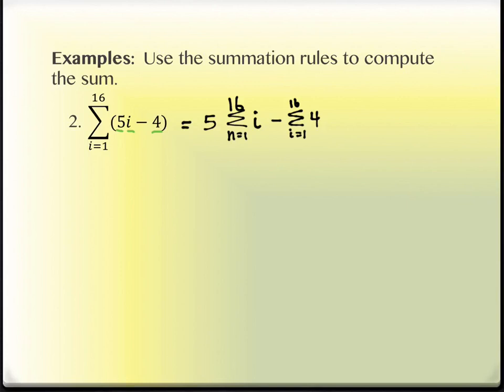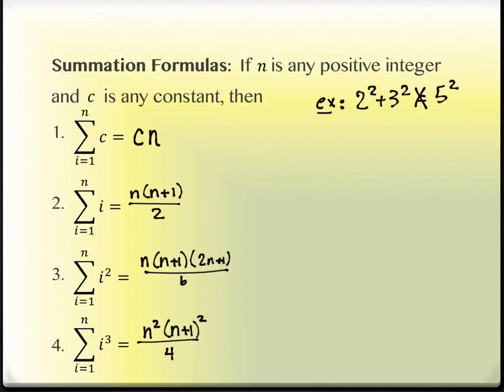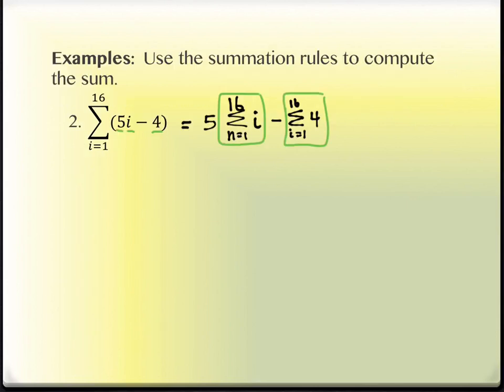So why do they need to look like this? Well, they need to look like this because this and this are what I'm able to use these formulas with. If I have the 5 in there, I don't have a formula that actually allows me to use it that way. And you want to be careful or you might misuse the formula because you're not interpreting it quite correctly. So once they're in this form, we can use those formulas. This one says that I have i equals 1 to 16.